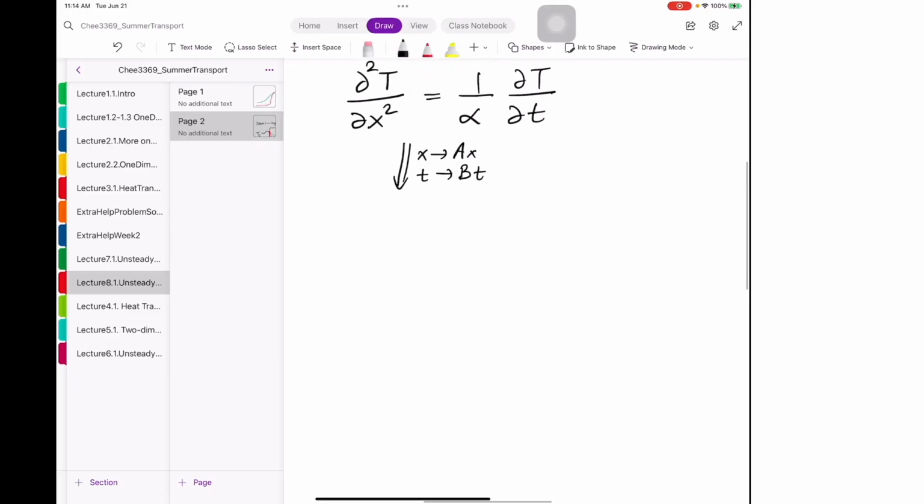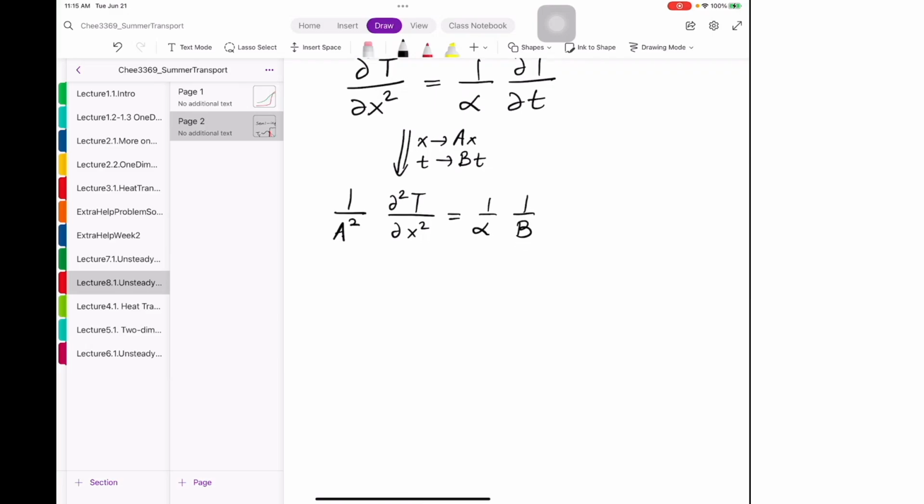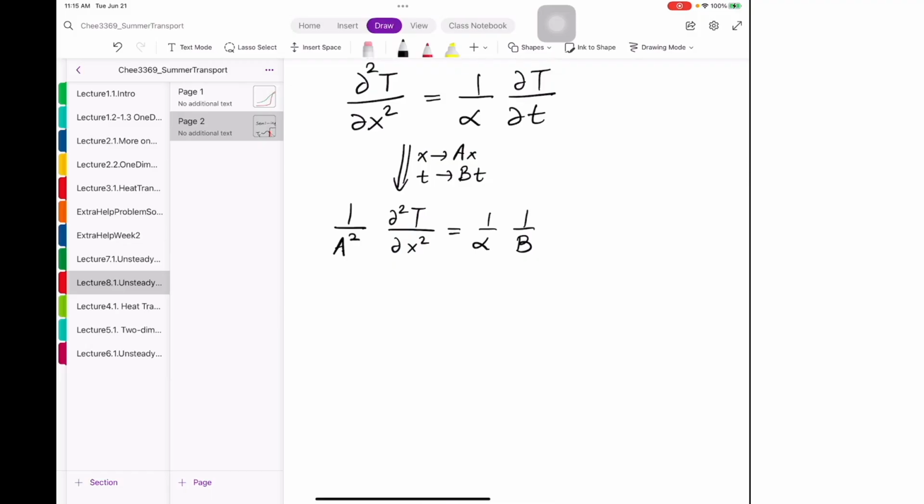I'm going to have 1 over a squared del squared T over del x squared, right? Because I have a double derivative, is equal to 1 over alpha, and 1 over b, because I have one derivative in time, del T over del t.